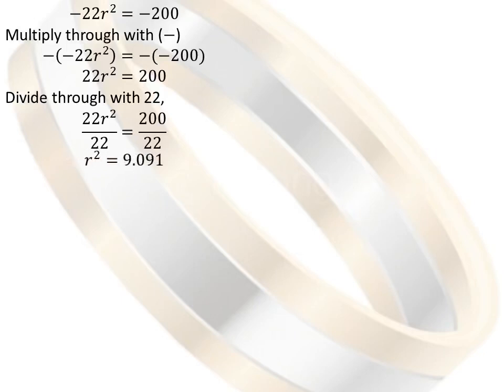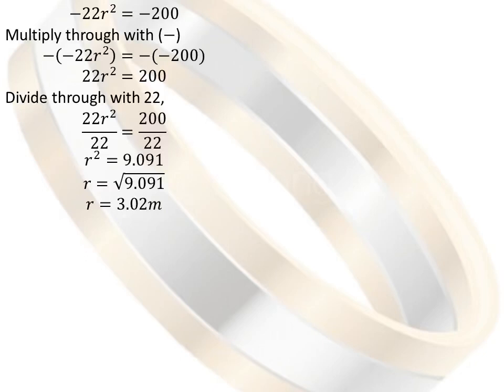But we are interested in getting the value of r alone. Now we have r squared, so we find the square root of 9.091, and that will give us approximately 3.02 meters. So here, this is not the question we are asked. Remember, the question we are asked is to find the inner diameter. Now we get the inner radius.